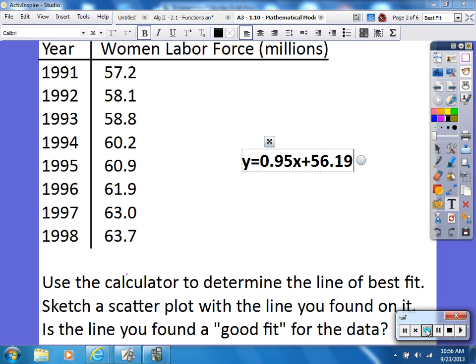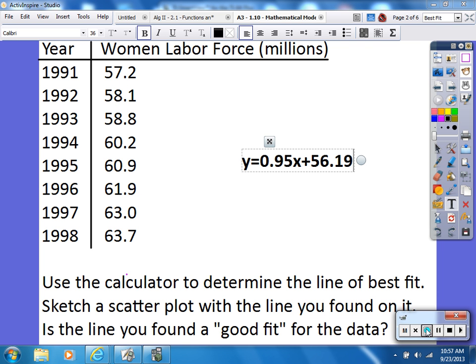When? Yeah, that's right. So in 1990, there were 56.19 million women in the workforce. Okay, we have to be able to understand what the y-intercept and x-intercept mean according to my problem.